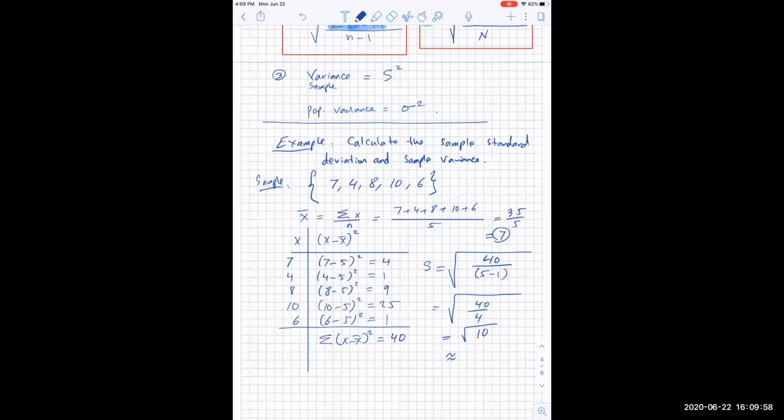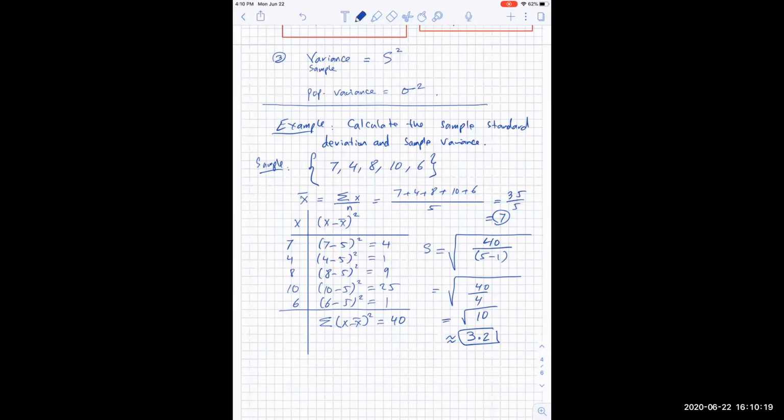The square root of 10 is approximately 3.2 after rounding. Okay. So this is our hand calculation for finding the standard deviation, 3.2.